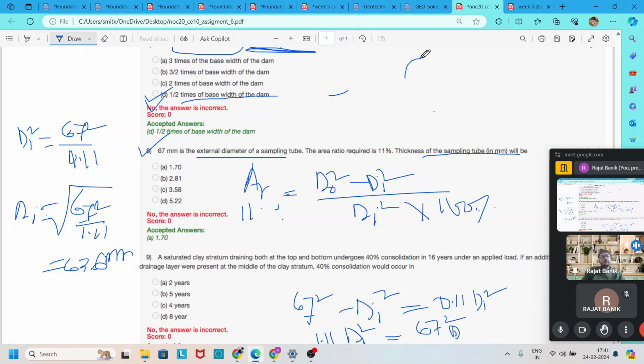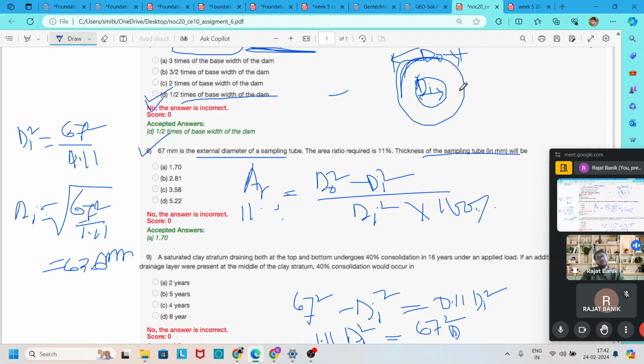Now, if you draw the cross section of a sampler like this, the outer diameter is Do, which is equal to 67 mm, and the inner diameter is Di, which is 63.6.